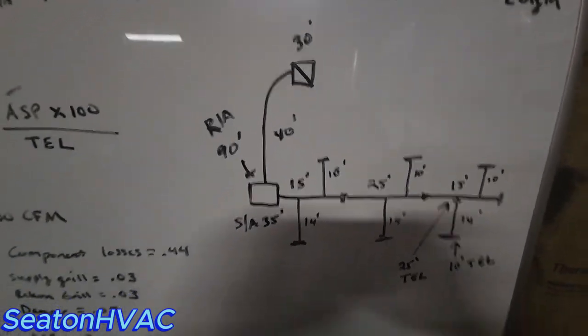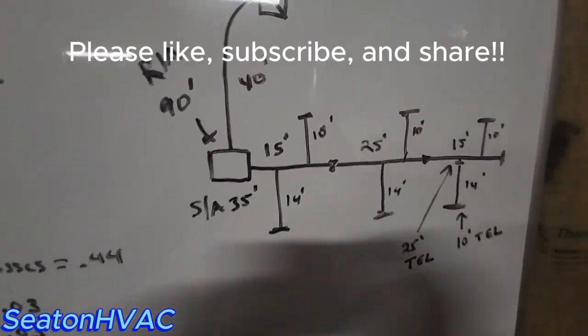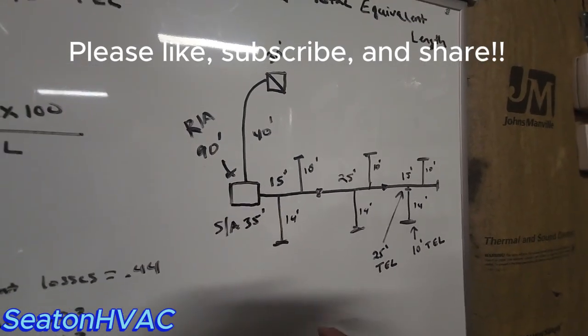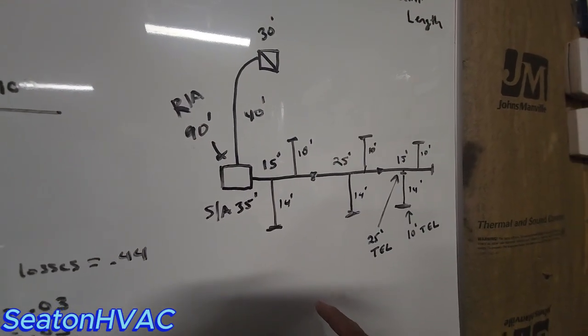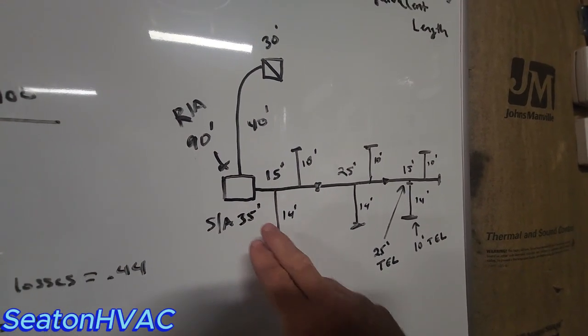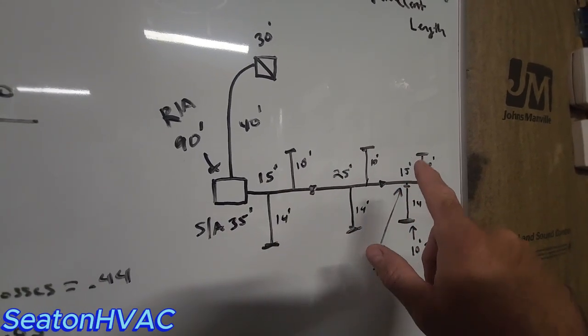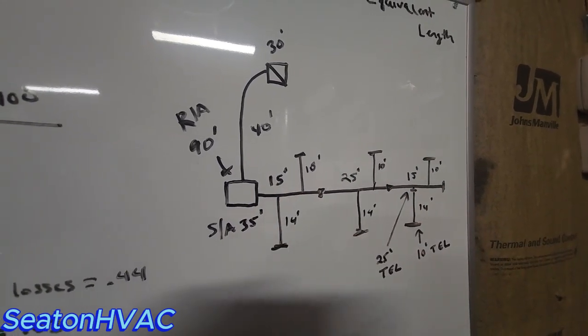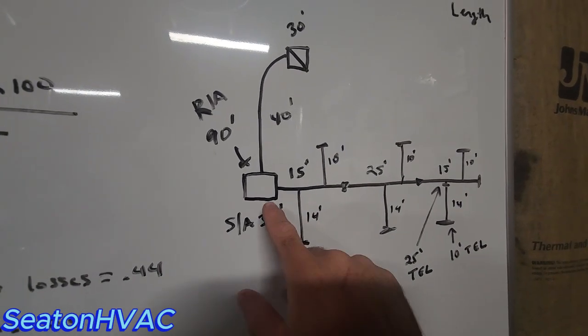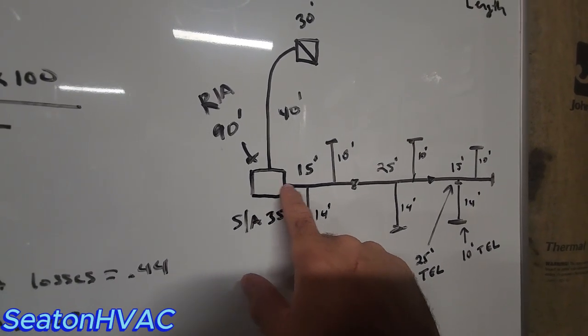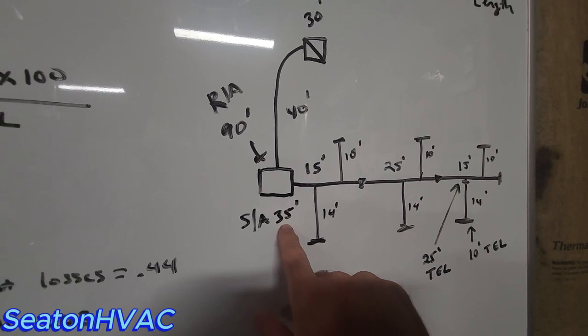Okay, guys, we're back. So I added a couple things here I was missing. So what we want to do is find our supply run that has the most total equivalent length, okay? So let's say that this fitting coming off here for your supply on your equipment is equivalent to 35 feet.